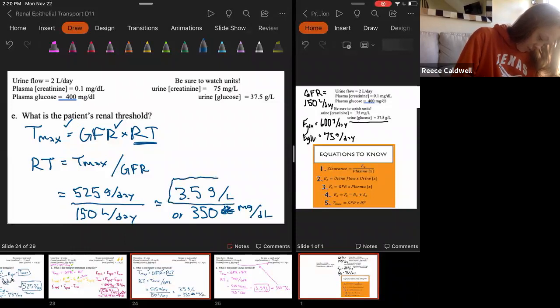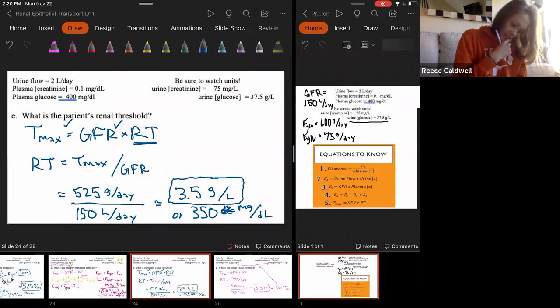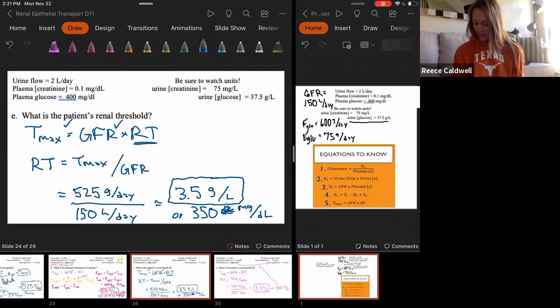So that is our renal threshold. That is the concentration of glucose in the plasma. And once we surpass that concentration, that 3.5 grams per liter, we will hit that renal threshold and no longer be able to reabsorb glucose into the bloodstream. We will begin excreting it in the urine.